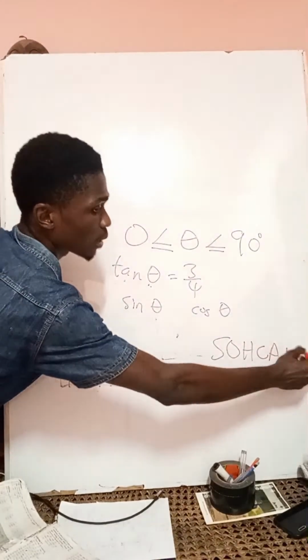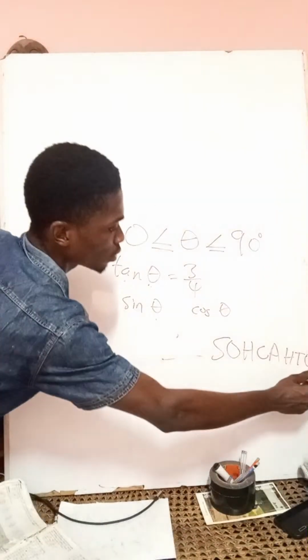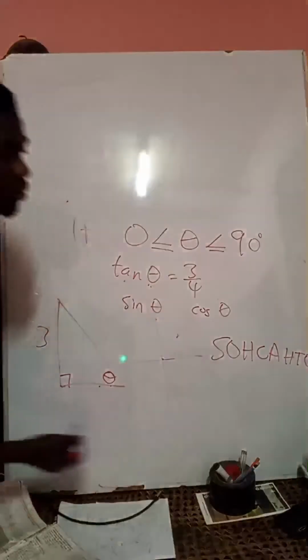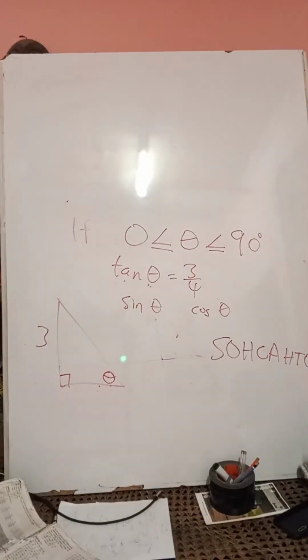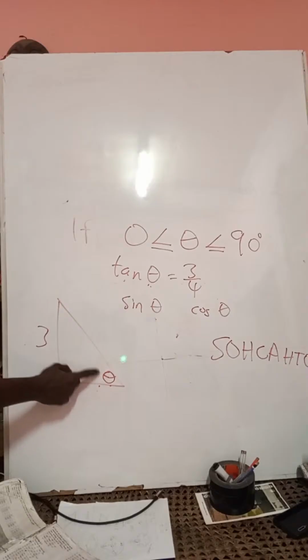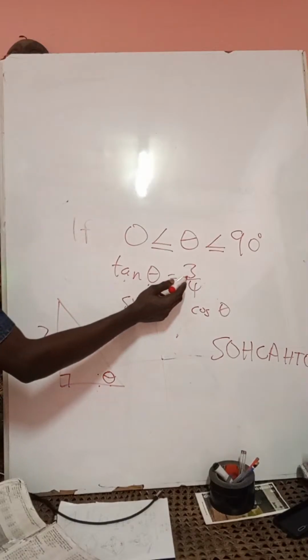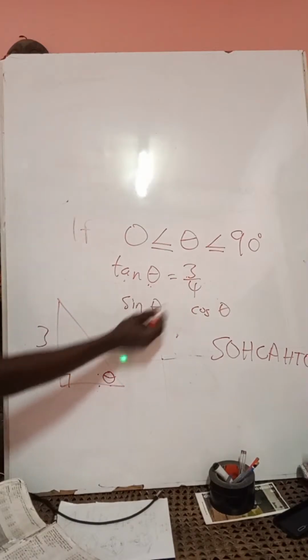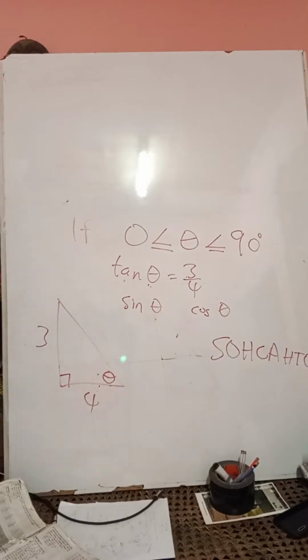From SOHCAHTOA, you realize that tan theta is equal to opposite out of adjacent. So the numerator will be the opposite, 3, and the adjacent will be 4. Then you use Pythagoras theorem to find the hypotenuse.